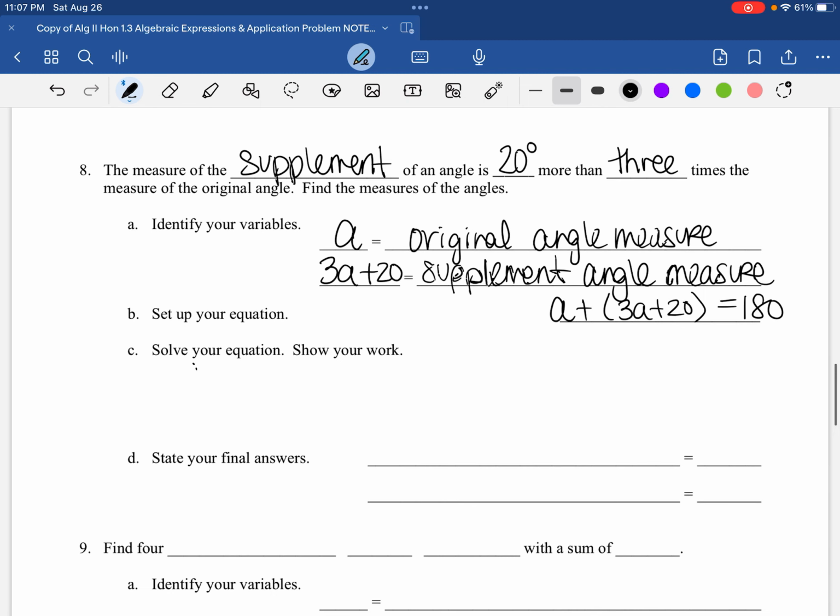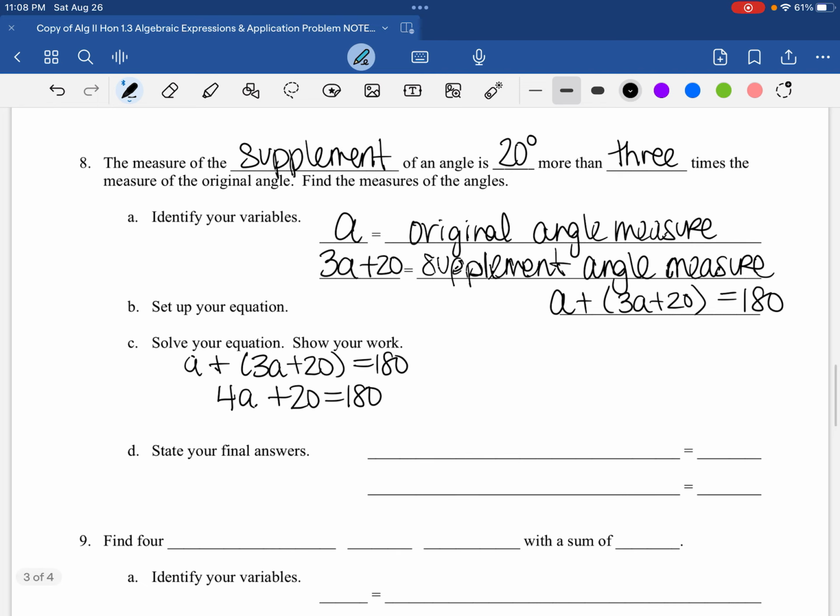So we have A plus 3A plus 20 equals 180. So first I'm going to combine like terms. I'm going to subtract the 20 to get 160. And then when we divide by 4, A equals 40.